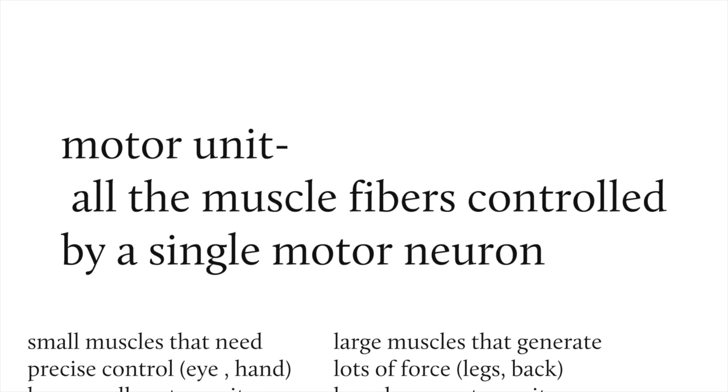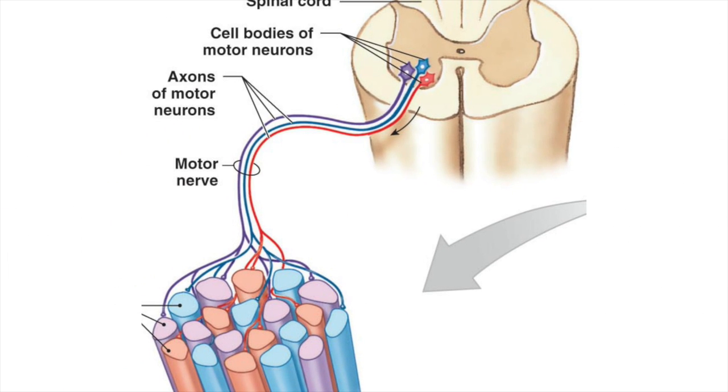And here is an example of some motor units. So here we see 3 different motor neurons, and they're color-coded in this example. So we have a red motor unit, which is this motor neuron and all these red muscle cells, and then the blue motor neuron contacts all the blue muscle cells, and the purple motor neuron contacts all the purple muscle cells.